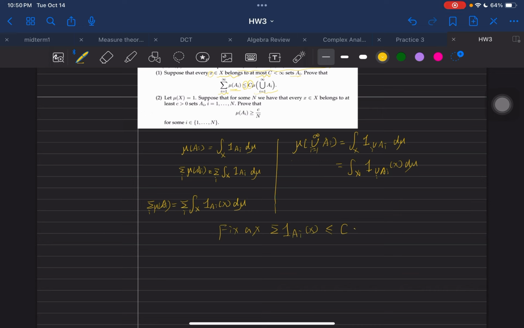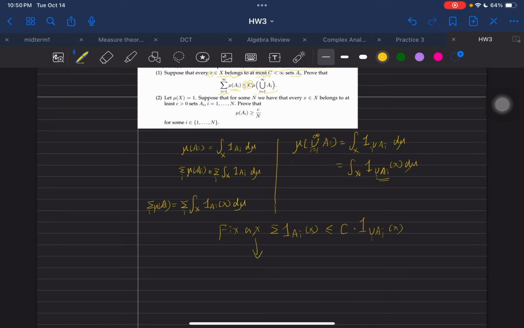And if it belongs to any of the AI, which means it belongs to the union of the AI, then we get that the summation of those indicator functions is no bigger than C times the indicator function over the union at x.